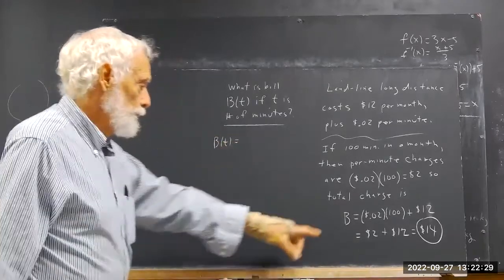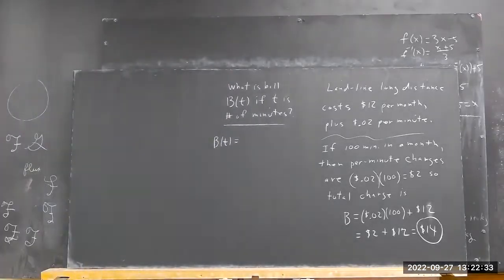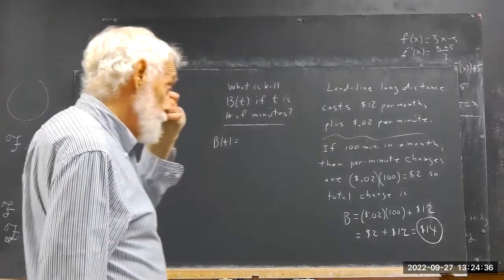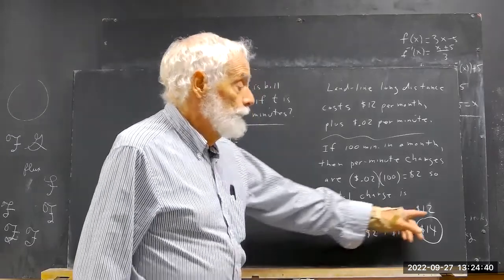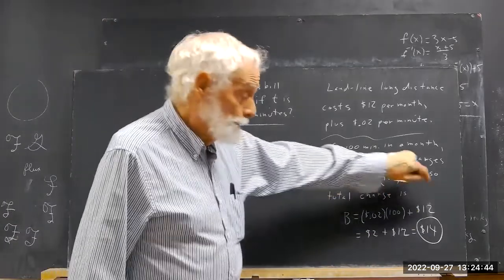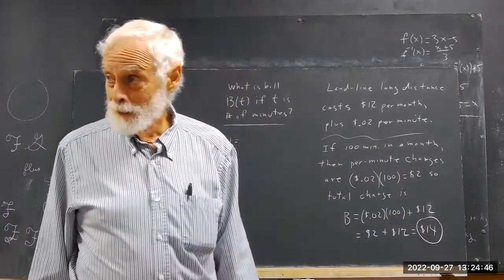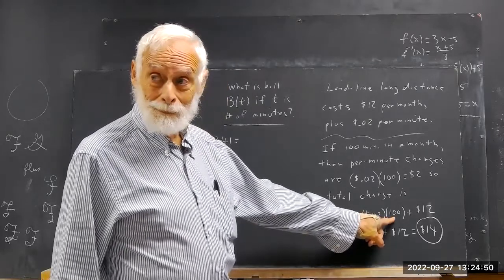You can write down what it is if you have 100 minutes, but what is it if you have T minutes? Okay, well, if you understood what this means, and if you understood this calculation, I think you did, okay? This is what happens if you have 100 minutes.